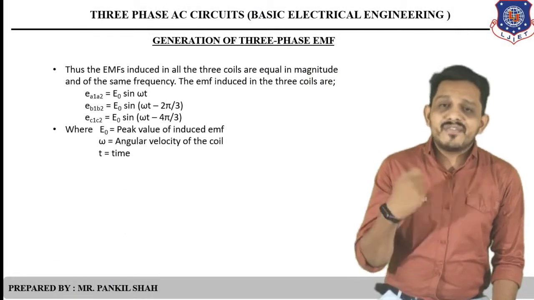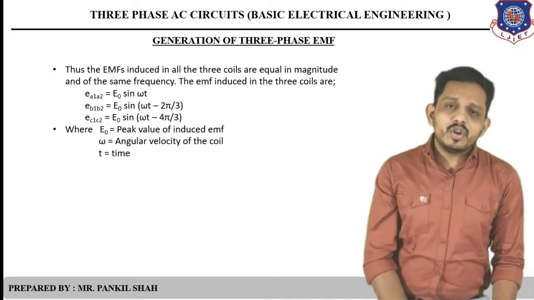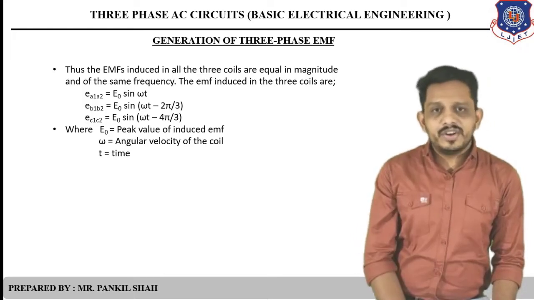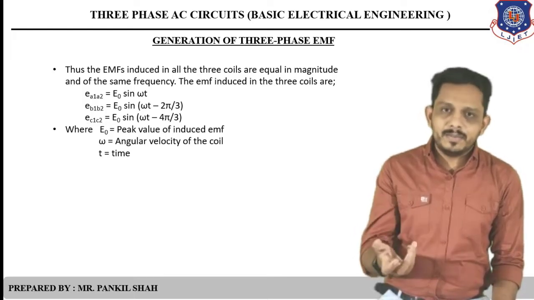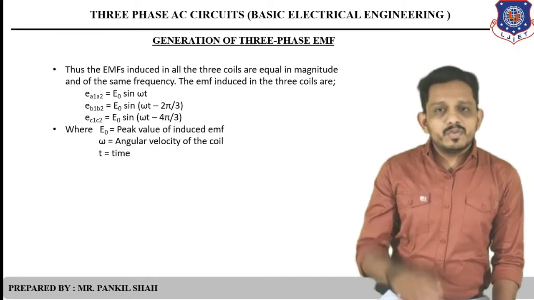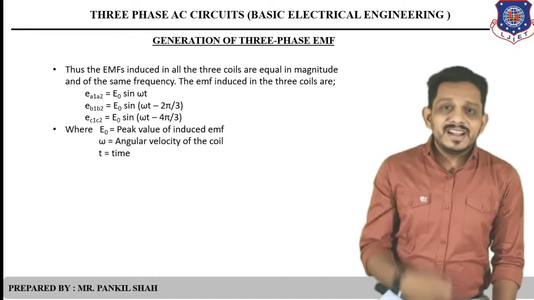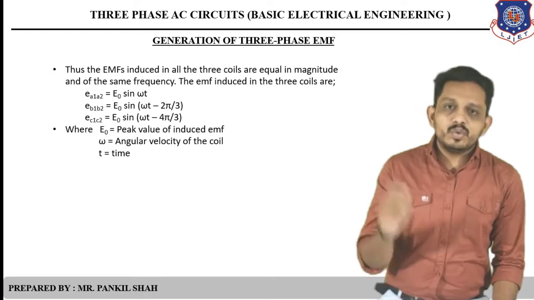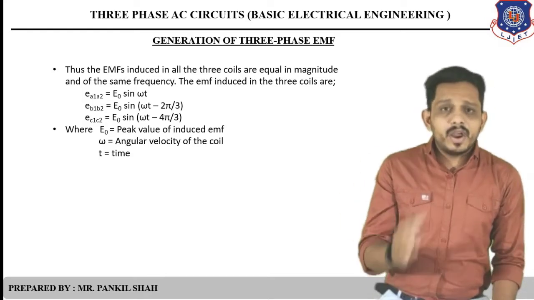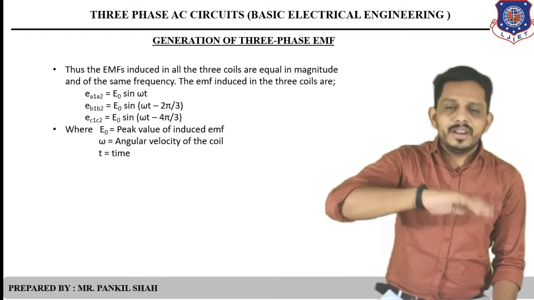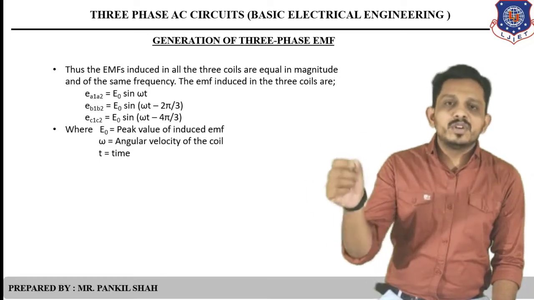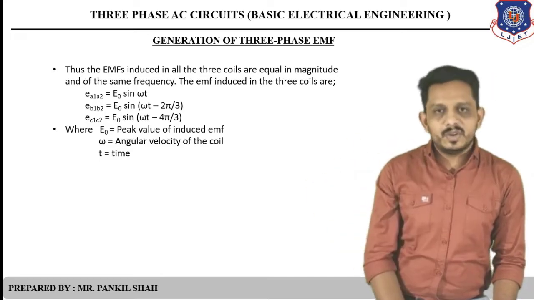So we can write the EMF equations of all these three quantities, as the maximum value is the same and the frequency is the same. Let's say E1 equals Em sin omega t, because at that position, 0 degree, the EMF was 0. So if you put sin 0, then it will be 0.